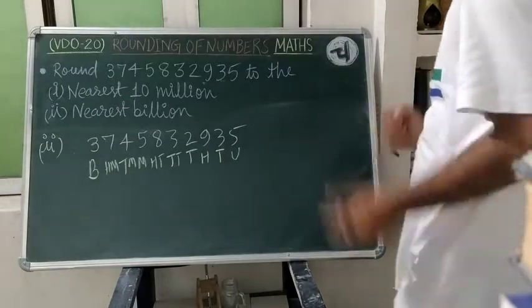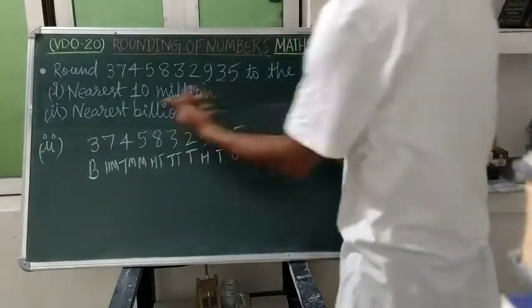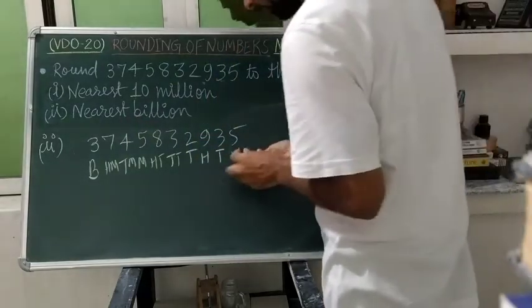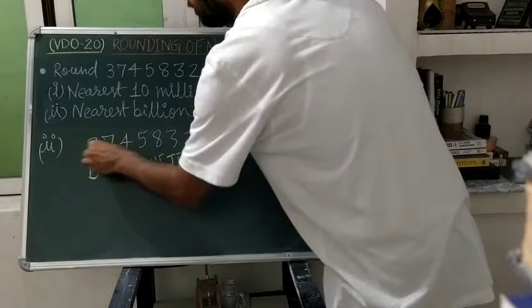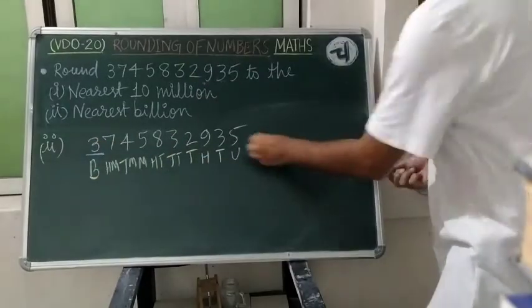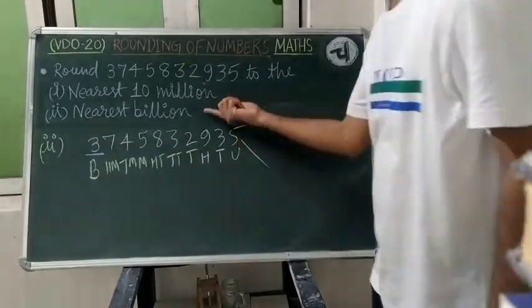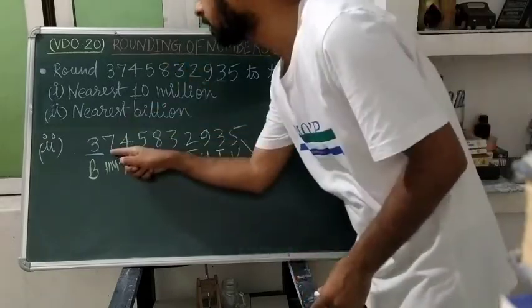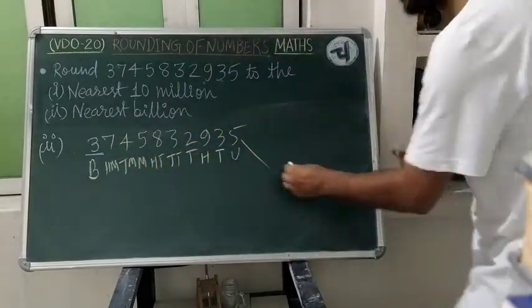So we want to round up to the nearest billion. What will we do? We will select this 3 here, and the multiple of billion 3 times will give us 3 billion.